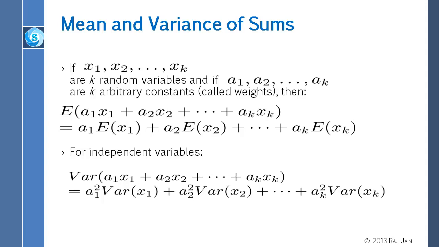This is always true, regardless of dependence. But if you take the variance, then the variance will also add up only if they are independent variables. If there is a dependence, then it doesn't add up. Only for independent variables would the variance of a1 x1 plus a2 x2 plus ak xk be like that.